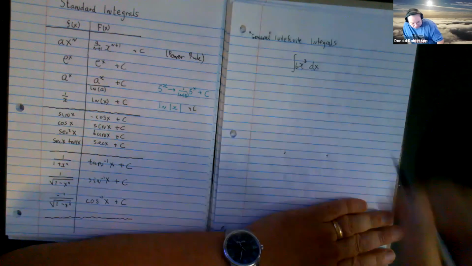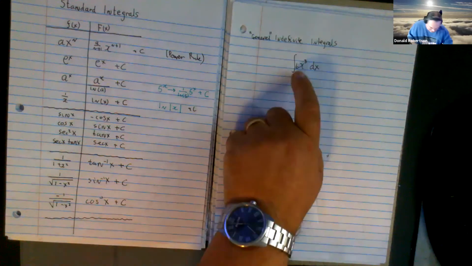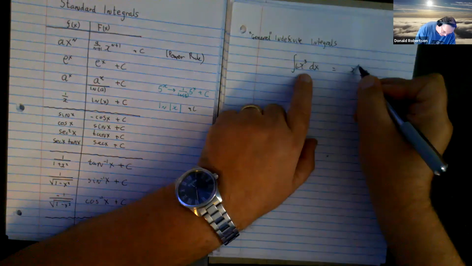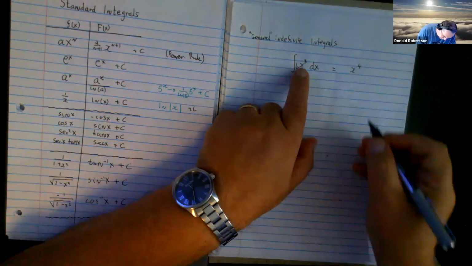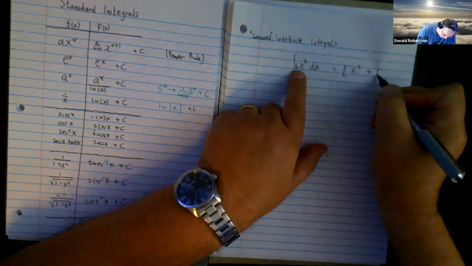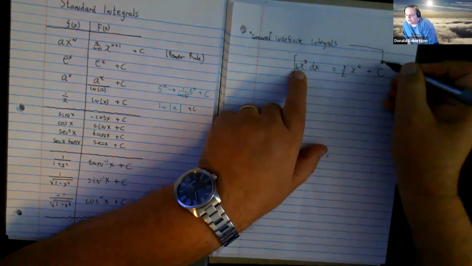Now, do you notice that there is no limits? There's no 1 to 3 going on here, right? These are left blank. So you're still going to use the power rule, right? Add 1 to the power. And then if you divide by the new power, eventually you get that. So when you do an indefinite integral, aren't you always going to have a plus c tagged on at the end?